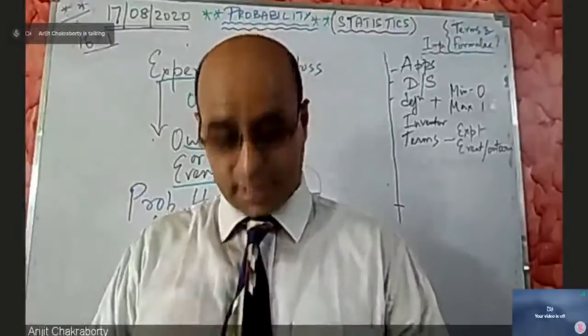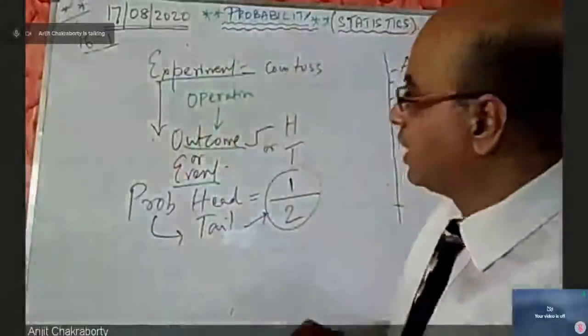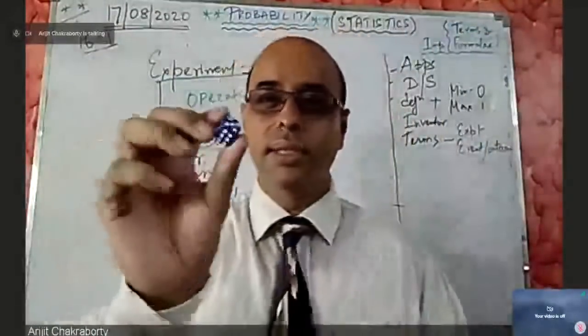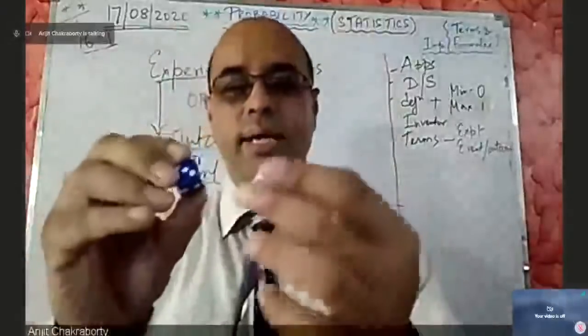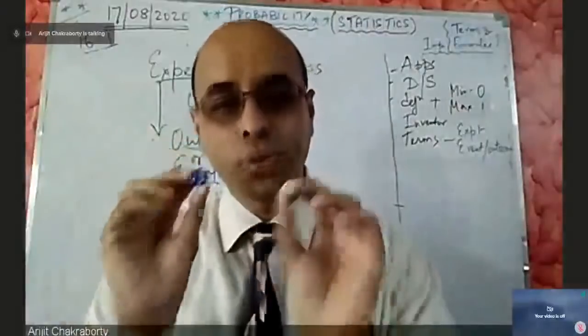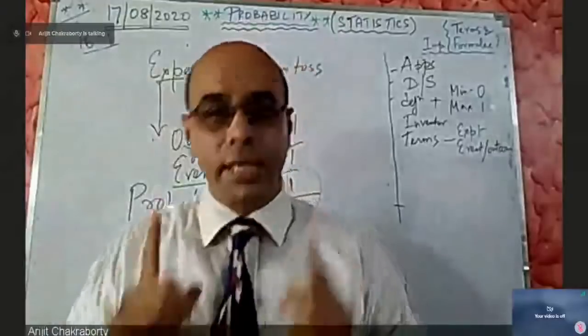Now the chance in case of a dice. If I throw a dice, is it an experiment? Throwing a dice, I have two dice here, one is a small one, the other is a bigger one. So when I throw a dice, is it an experiment? Yes, it is an experiment.